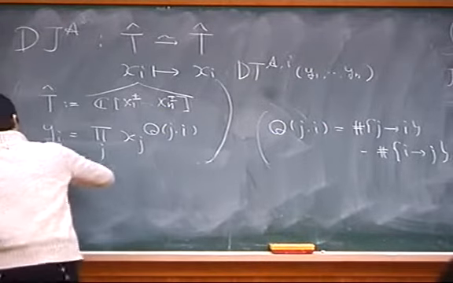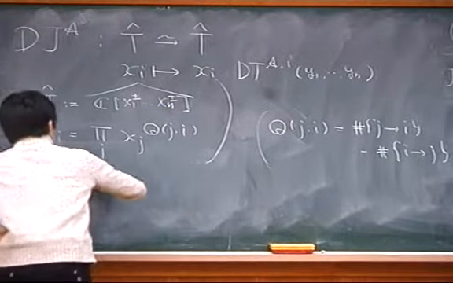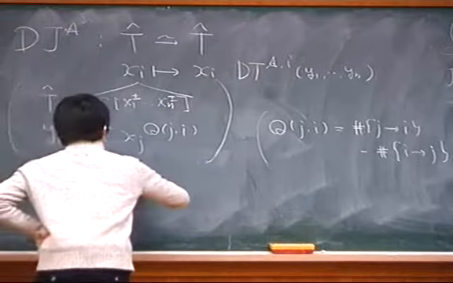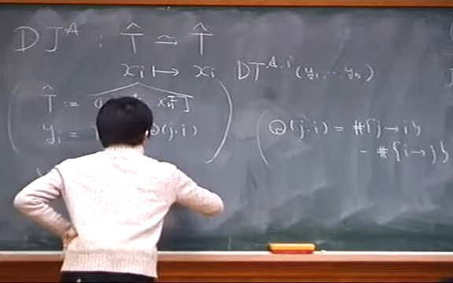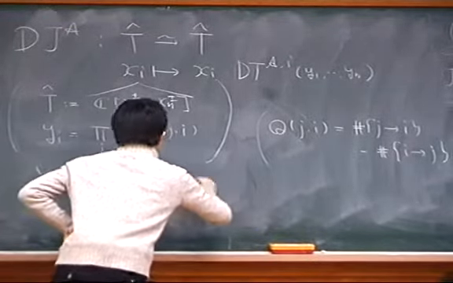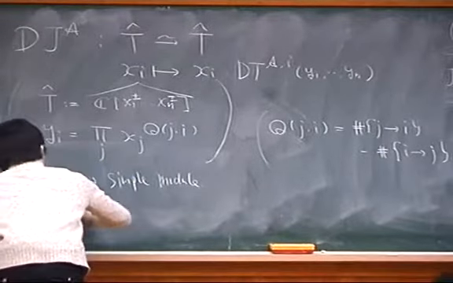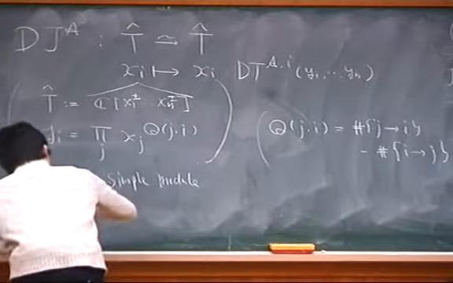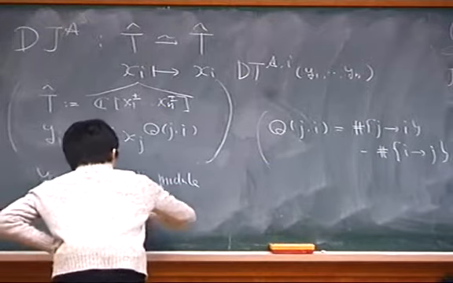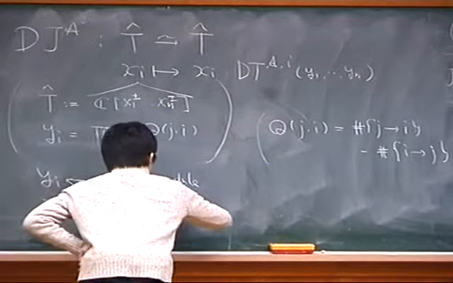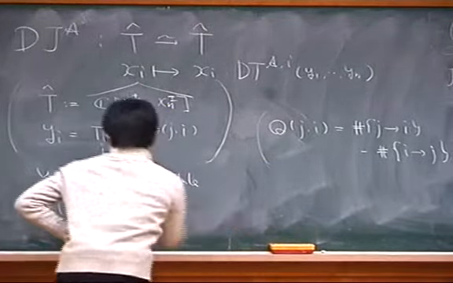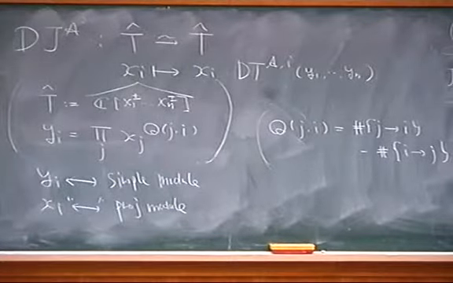Roughly speaking, this y_i corresponds to the simple module, and x_i corresponds to, this is not true in general, but roughly speaking, the projective module. So j and i live in the same index?